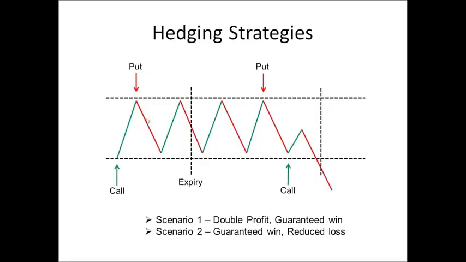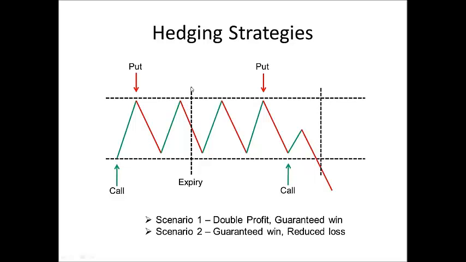And the reason we would do that is because when both of these options expire, we can profit from both the call and put. As long as the support and resistance is held, 99% of the time price is going to close in between the support and resistance.